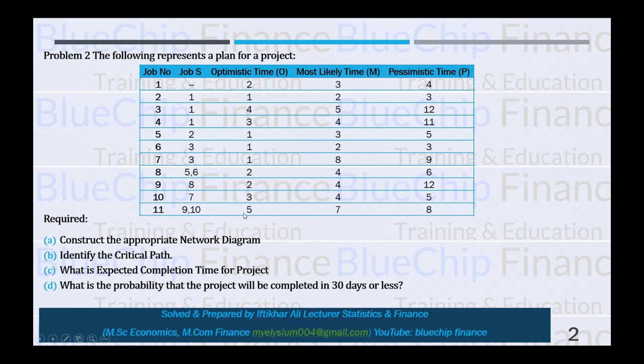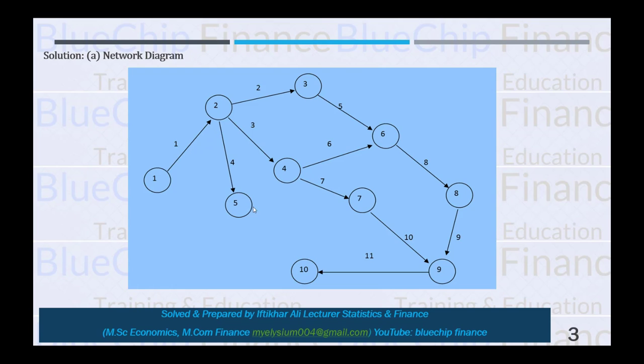After that the 10th job is starting from where the 7th job is ending. So the 7th job is ending here on node 7. So from here the 10th job is starting. And why did we join these 9th and 10th jobs?